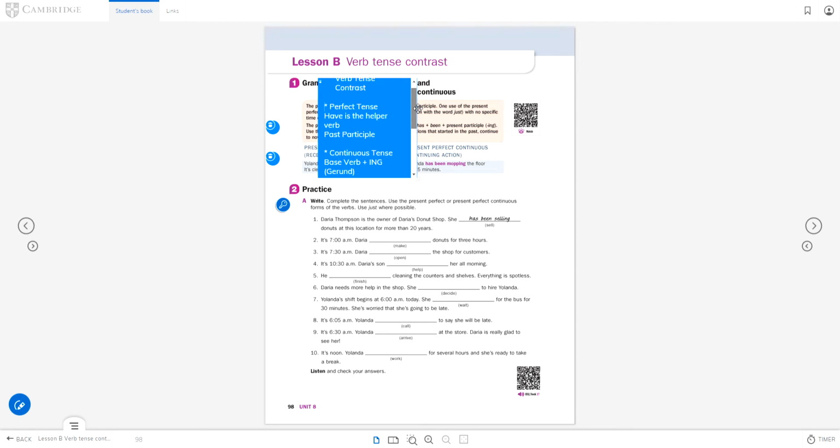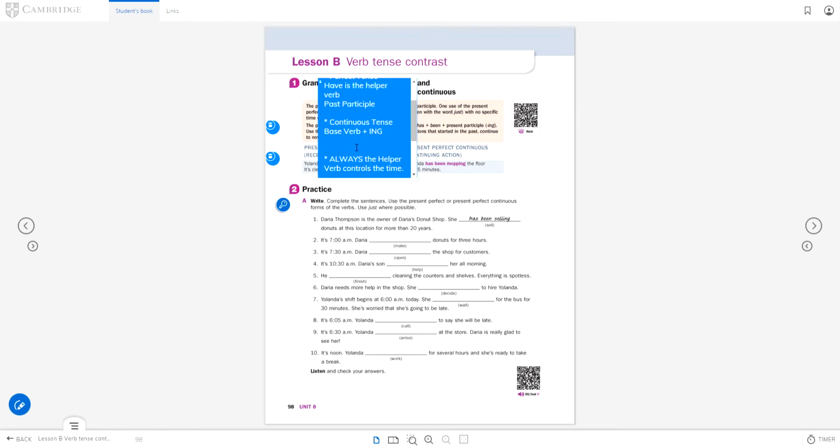The difference is when you have present perfect continuous, what you're gonna find there, because it's continuous, you need verb plus ing. Remember that? You have base verb plus ing. So for the present perfect continuous, you're gonna have the verb to have as the helper verb.